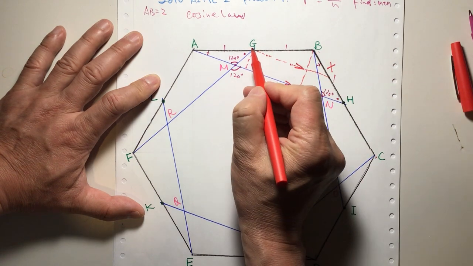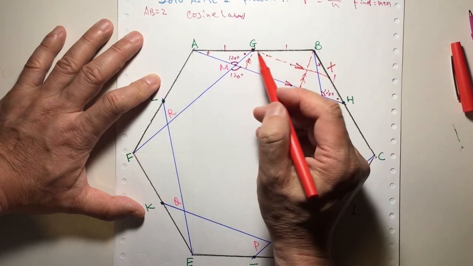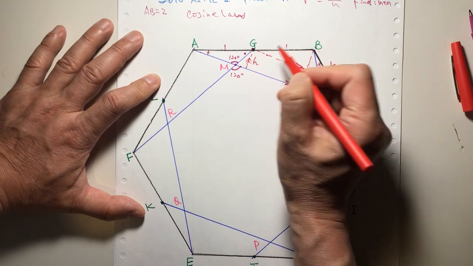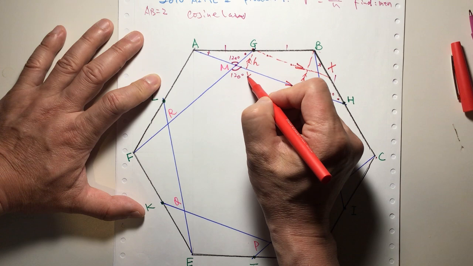So this is the midpoint, and they're parallel. So we know if this side is H and this side B, we can use Y.